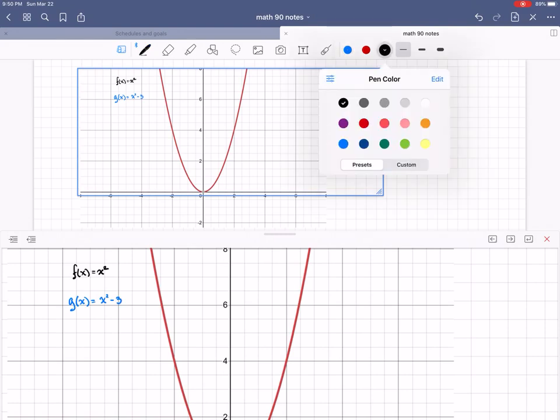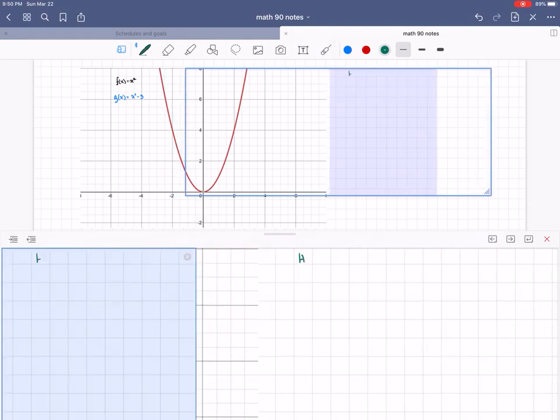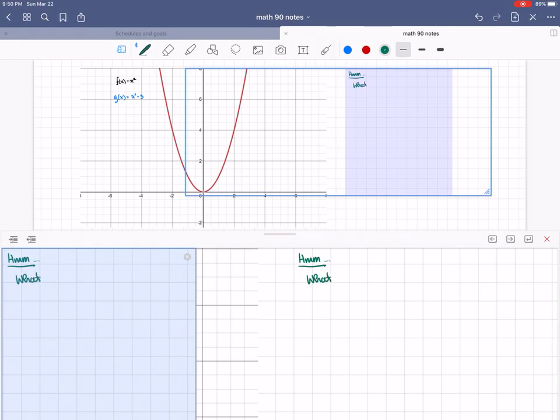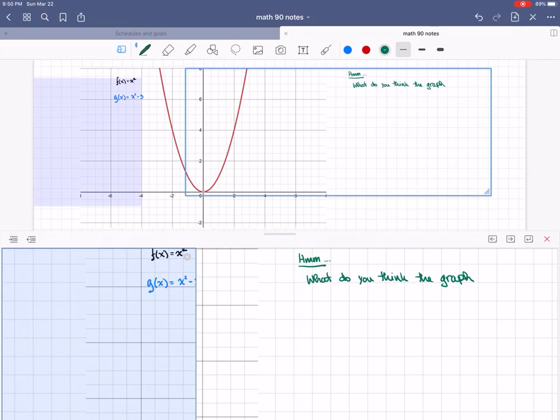So unlike the first example, I'm actually going to ask you a little think-about question: what do you think the graph of g is going to look like? Some of you might be like, oh, well, obviously, and others of you might be like, I don't think I get it yet, and that's fine. But after we actually do the graph of g, we'll go back and we'll answer this question, okay?